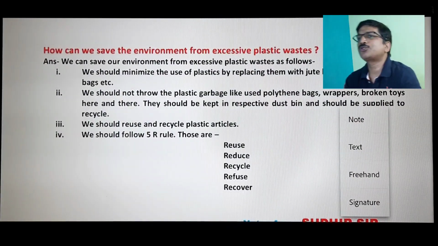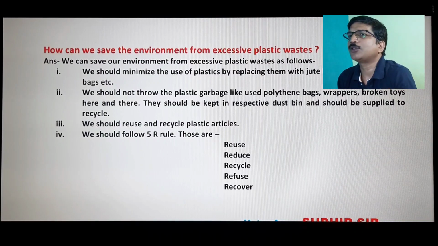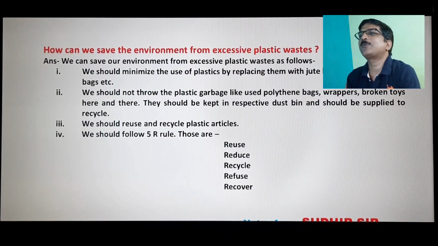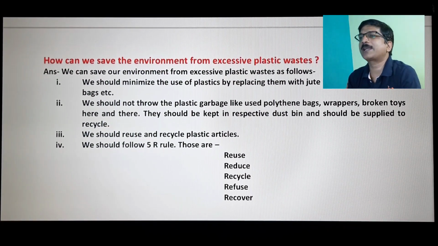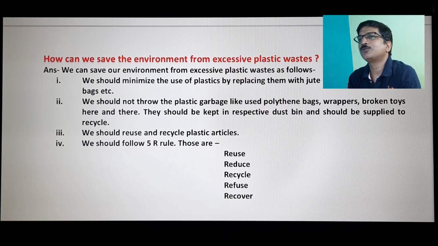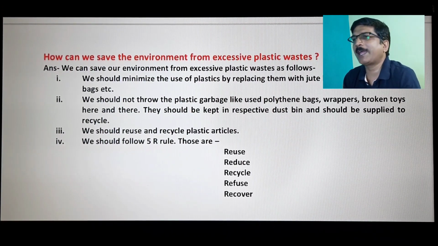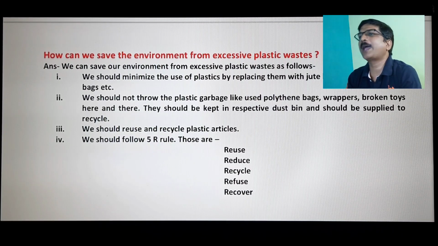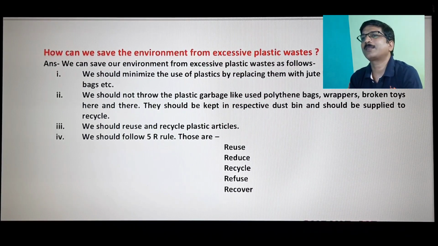One, we should minimize the use of plastic by replacing it with jute bags, cloth bags, paper bags. When we are going to market, we should not depend on plastic bags. We should take a cloth bag or jute bag for marketing.